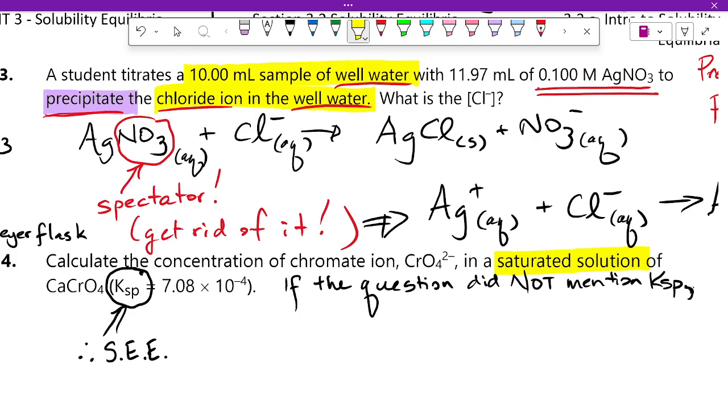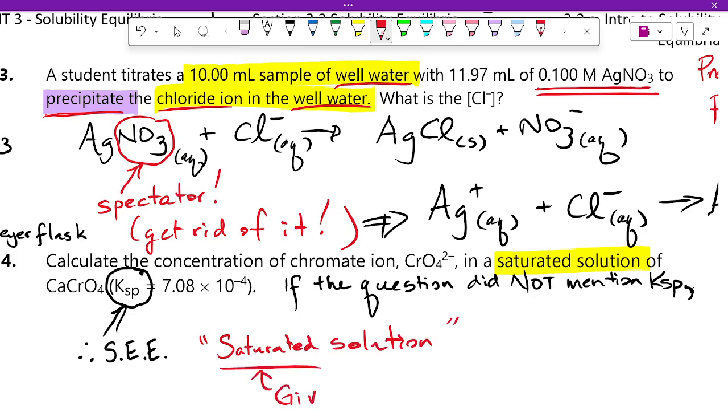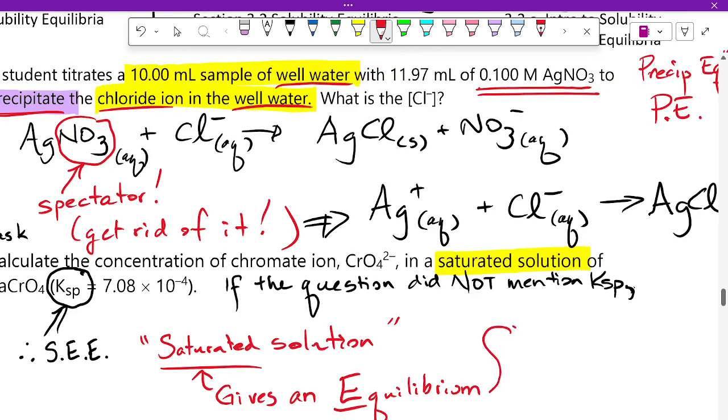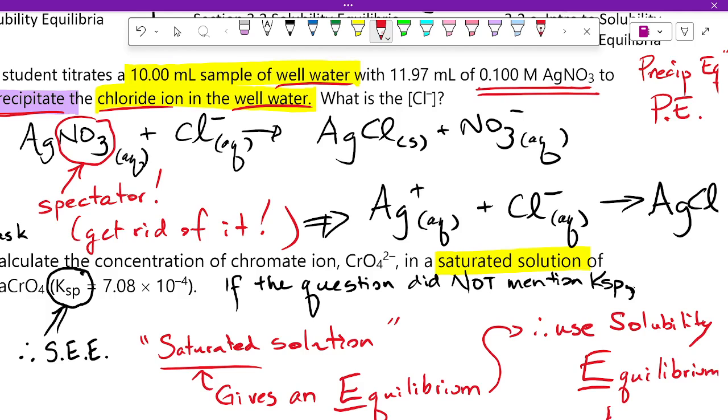Okay? So saturated solutions give us an equilibrium, so you're going to use the solubility equilibrium equation.